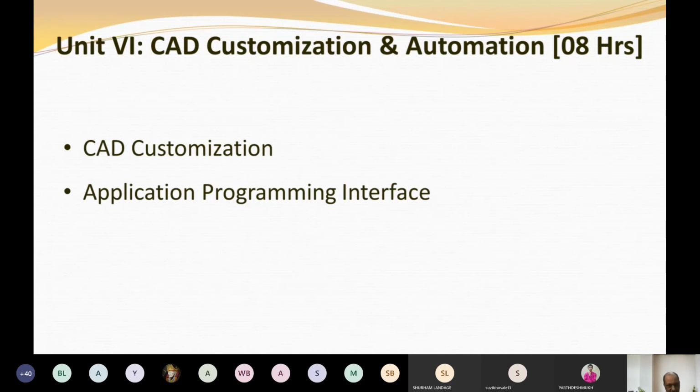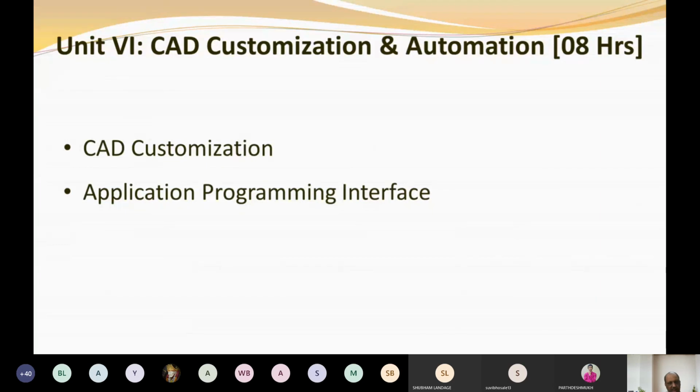Customization carries more things. We'll see how we can customize a particular software. Then application programming interface, that different programming interfaces are possible with this software. How can we program for a particular software, these are theoretical things.